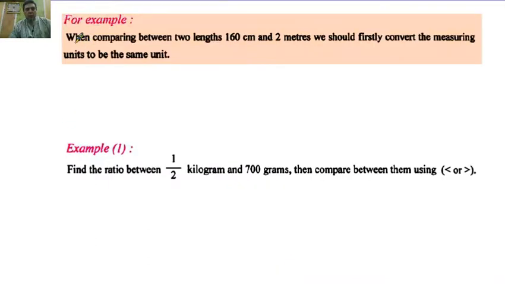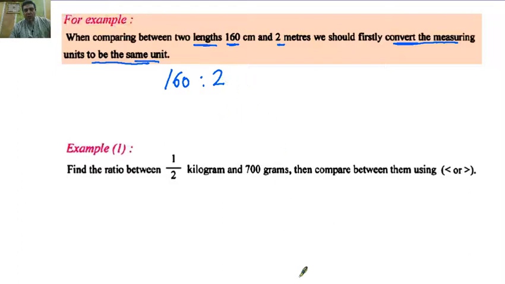For example, when comparing the two lengths 160 centimeter and 2 meter, we should firstly convert the measuring unit to be the same. Two different units, we must convert them into the same unit. The biggest unit is meter.